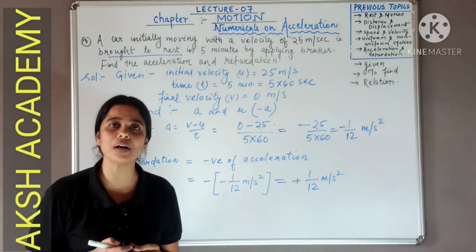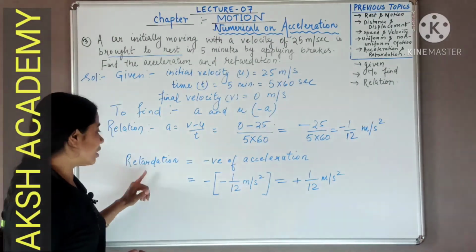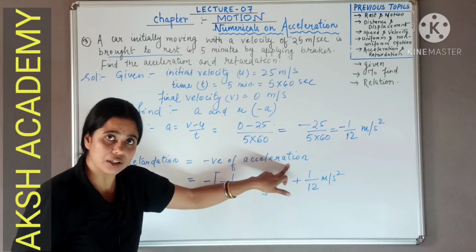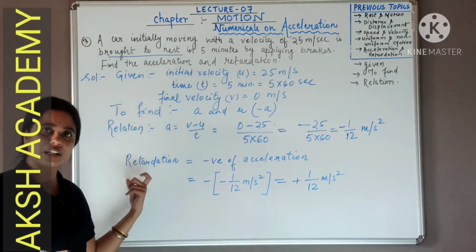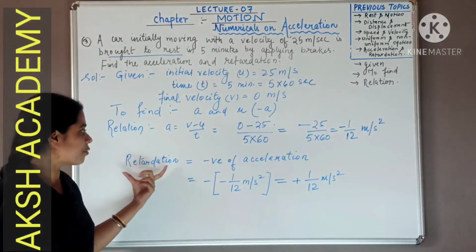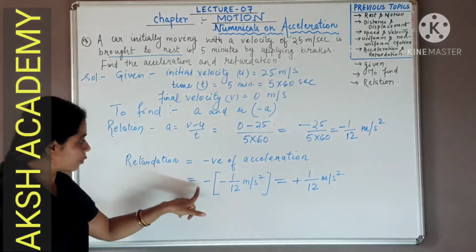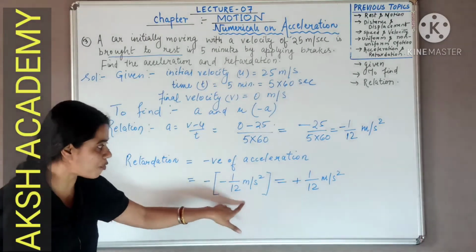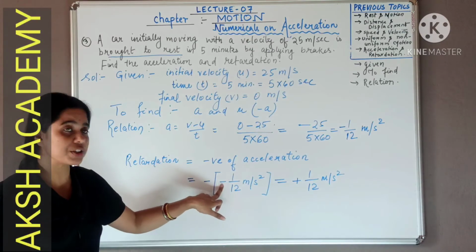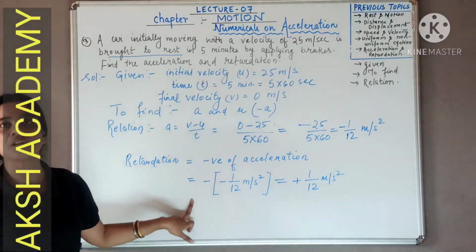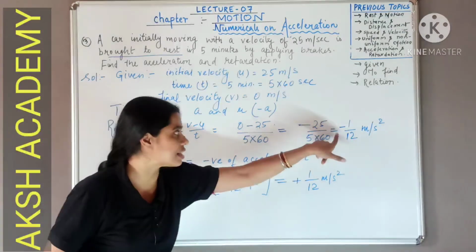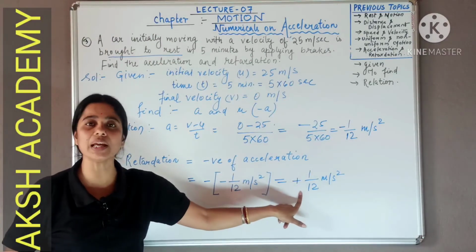So always remember that retardation is negative of acceleration, or you can say acceleration is negative of retardation. So whenever we have to find out retardation, we will find the negative value of acceleration. If the acceleration is positive, then the retardation will come as negative. If the acceleration is negative, retardation will be positive.